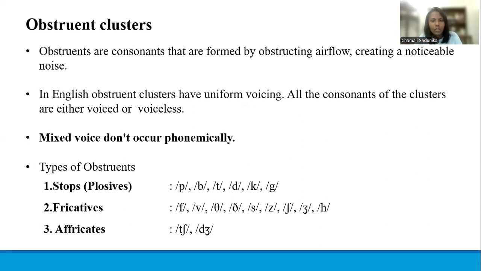In English, obstruent clusters have uniform voicing. It means all the consonants of the cluster are either voiced or voiceless. Mixed voicing doesn't occur phonemically in obstruent clusters. It means if it is a voiceless cluster, it always combines with voiceless sounds; if it is voiced, it always combines with voiced sounds.